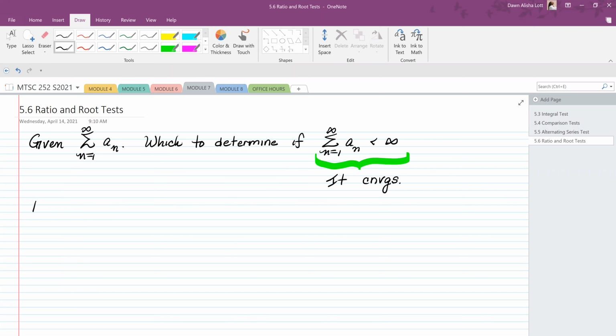So the first test we had was the geometric series. Then the second test was the telescoping series. And the third test was the nth term test of divergence.